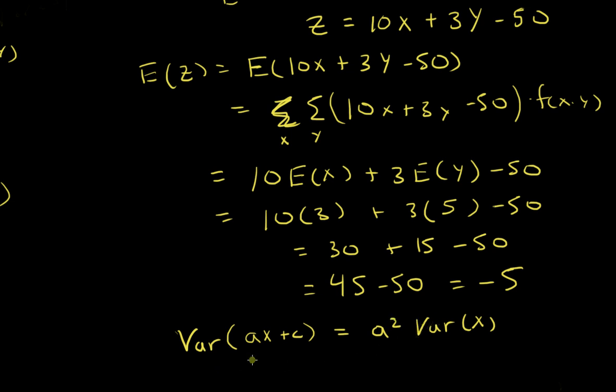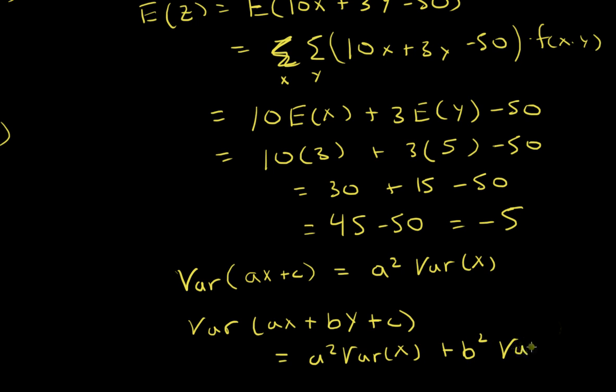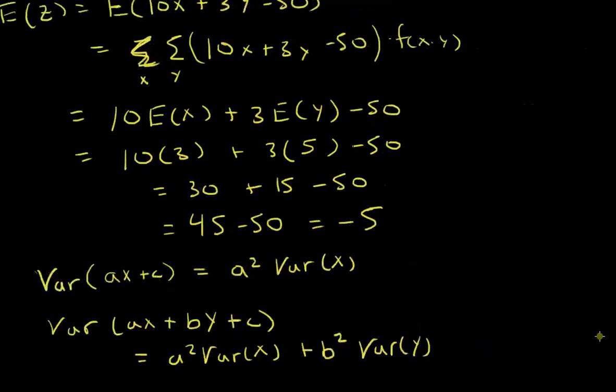And if you had the variance of ax plus by plus c, then this would be a squared times the variance of x plus b squared times the variance of y, and the variance of c is 0, so you don't need that. But then you do need to consider the covariance between the two. So this would be plus 2 times a times b times the covariance of x and y.